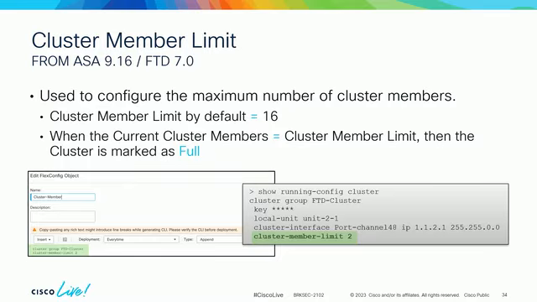The cluster member limit command indicates the maximum planned number of nodes in the cluster. By default, this command is set to 16. So if you are planning to have a cluster formed by 5 units, then you must properly configure this command to 5. And when the current number of cluster members is equal to the cluster member limit, the cluster is marked as full.